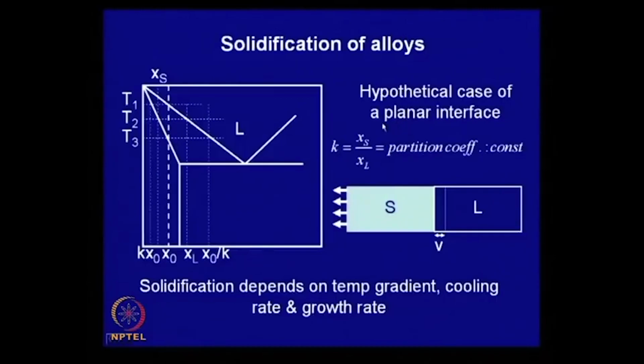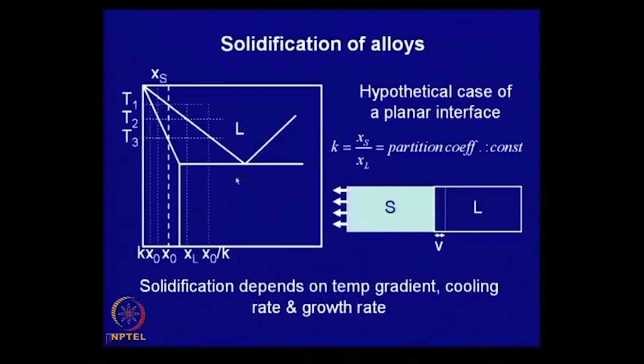For simplicity, to do some calculation, we often assume a planar interface has formed. Even though on an overall macroscopic scale it may not be planar, on a microscopic scale in a limited region it will still be valid.